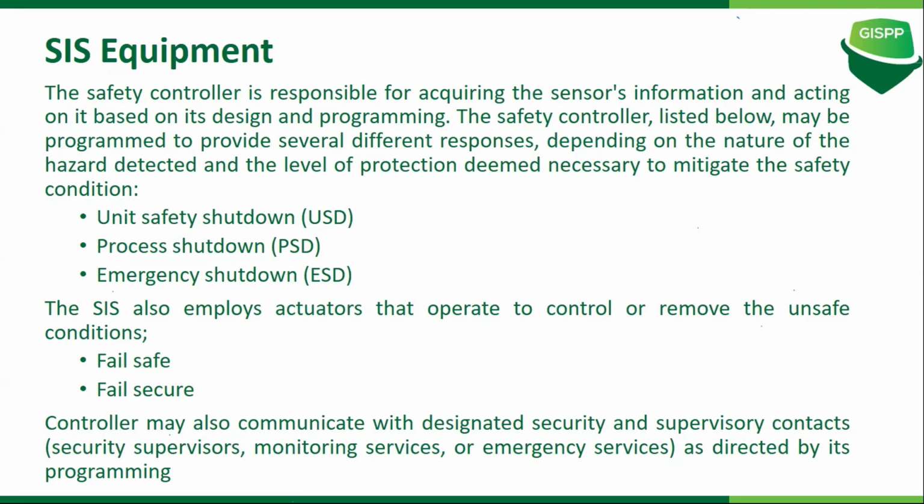If there's no monitoring room, it will send messages to their mobile phones. It can even call the emergency services, like if a fire erupted, God forbid, in a plant, it will call the fire services so they can come. So SIS equipment has that feature as well.